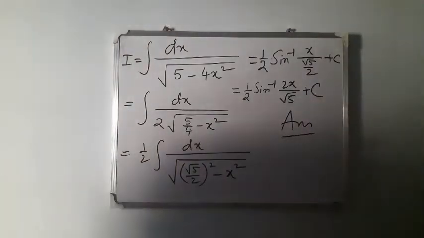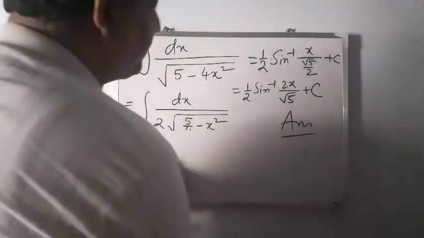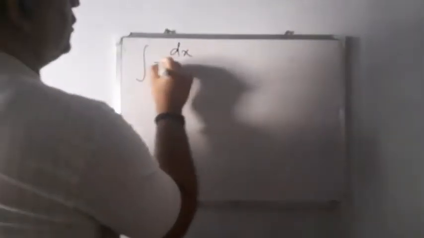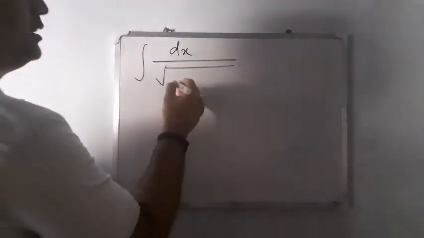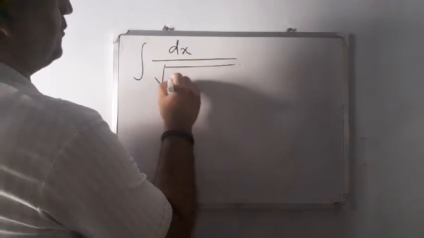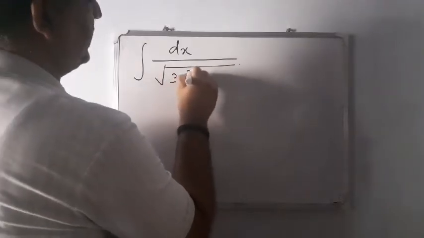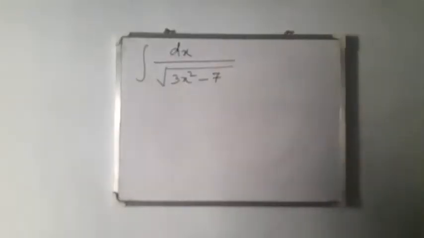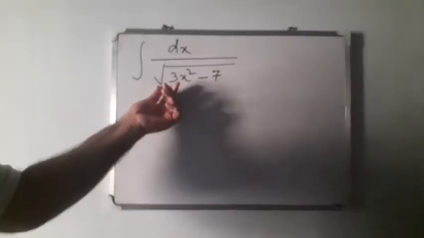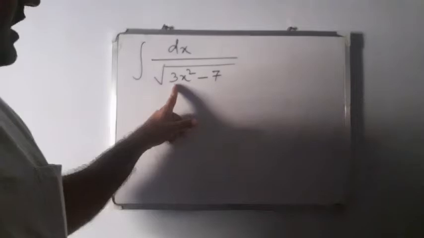Now, let us take one more example. Integral dx by root over 3x square minus 7. Now you see, it is of the form root over x square minus a square, so we have to free this x square.